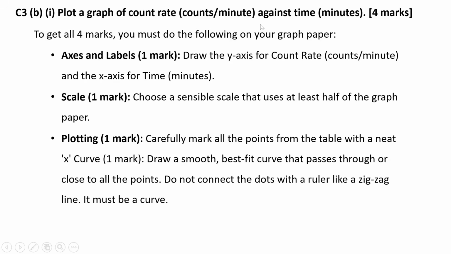First, the axes and their labels: you draw the y-axis for count rate, label it count rate or counts per minute, and draw the x-axis and label it time in minutes. You get 1 mark.